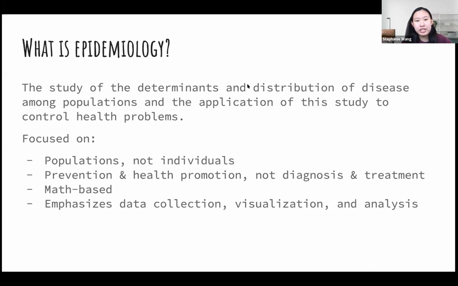Well, epidemiology is basically the science behind public health. Public health is a greater phenomenon, but epidemiology is how we study that. As we can see in this long definition over here, it is the study of the determinants and distributions of a disease among populations and the application of this study to control health problems.